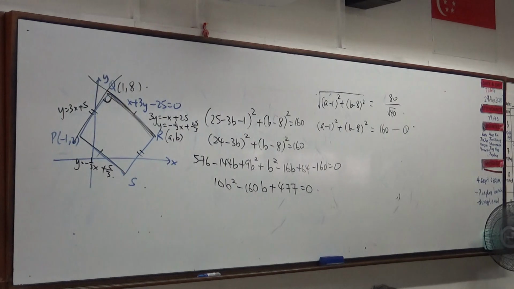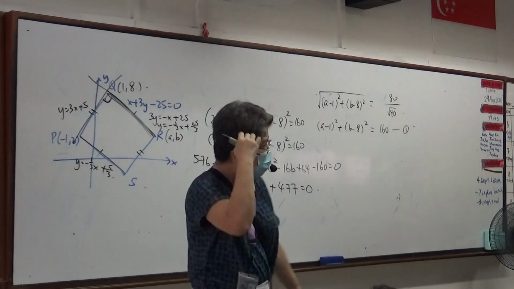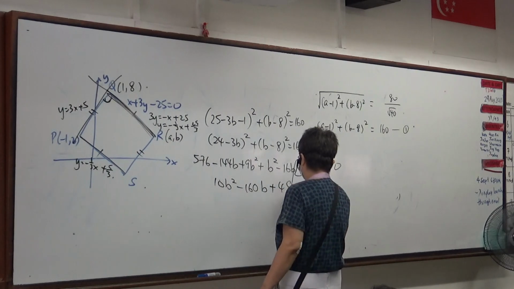Is this correct? It better be correct. If it's wrong, then we are in trouble. Hey, you better make sure it's correct. If it's wrong, then we are all wrong already. 480, this one. Confirm or not?